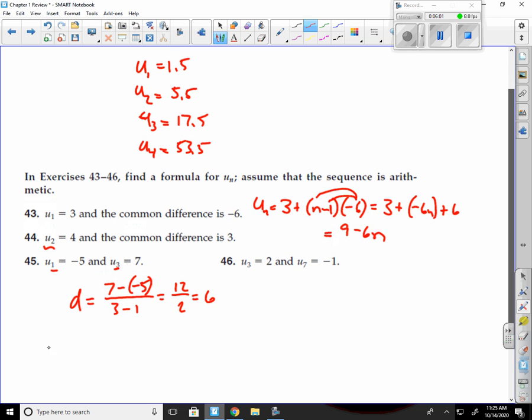So that's my common difference. Now I just do u sub n equals u sub 1, which is negative 5, plus n minus 1 times 6. Distribute my 6. I get negative 5 plus 6n minus 6. That's 6n minus 11.